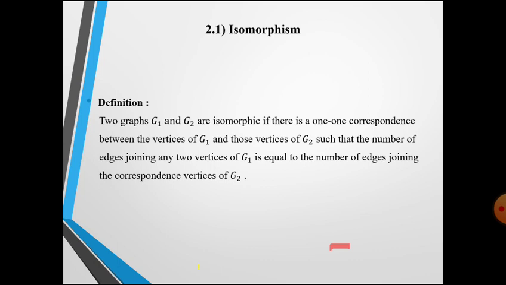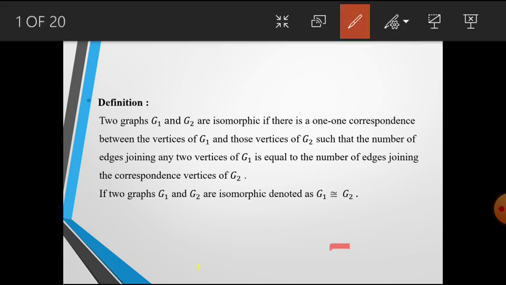That is, we have to find a bijective correspondence between the vertex sets and edge sets of the corresponding graphs. If two graphs G1 and G2 are isomorphic, we denote it by the symbol G1 isomorphic to G2. Otherwise, we say that the two graphs are not isomorphic.